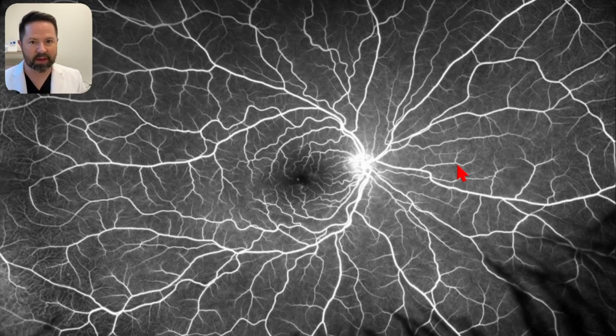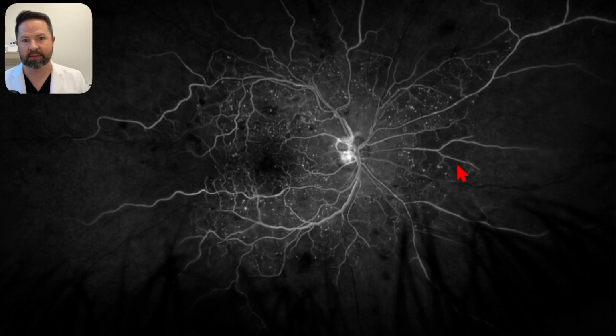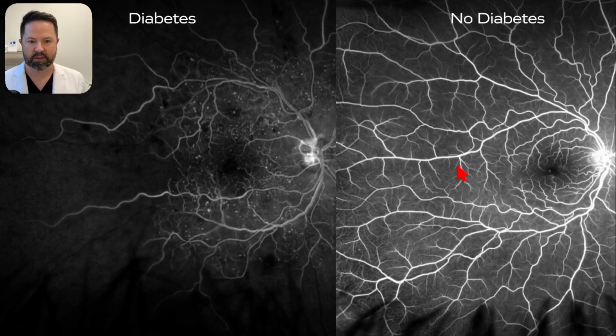And if we do this exact same study in someone who has really advanced diabetic retinopathy, this is how it looks. Notice the difference. If someone has diabetes and it's really advanced, there's no blood flow off to the side here, and also in the middle a little bit too. Whereas in someone without diabetic retinopathy, the blood flow is rich. The blood is going everywhere.